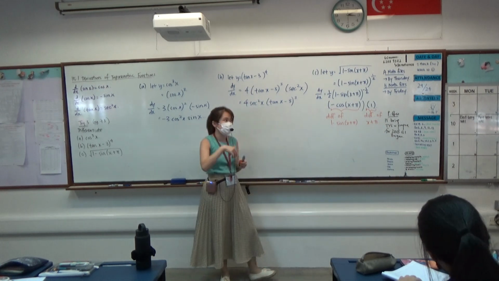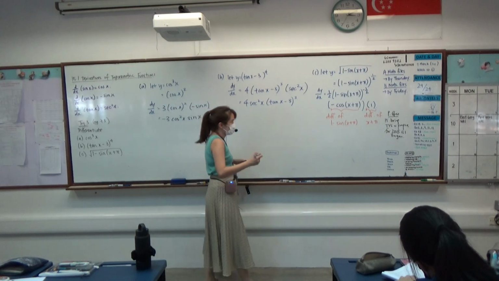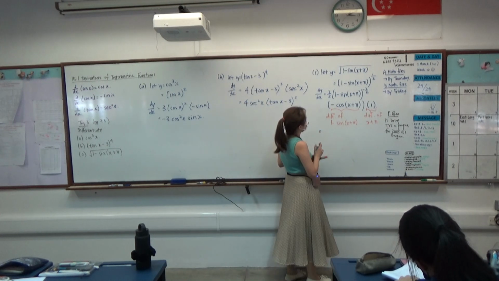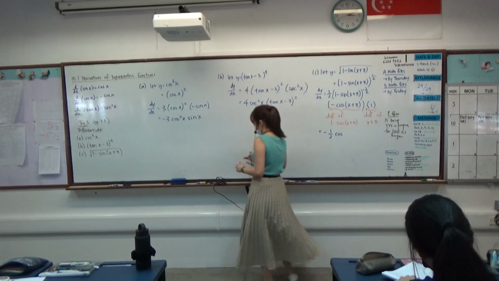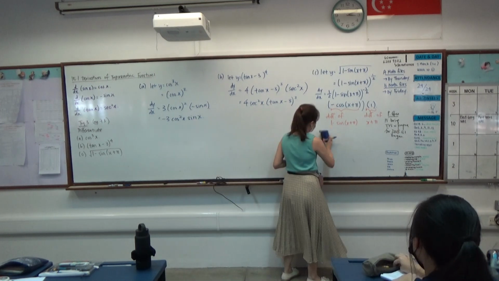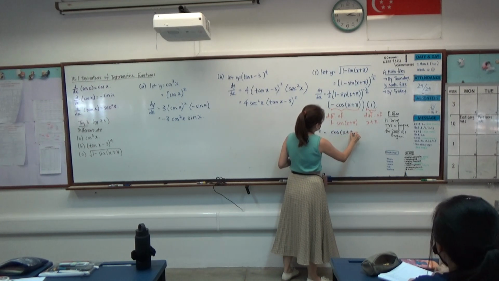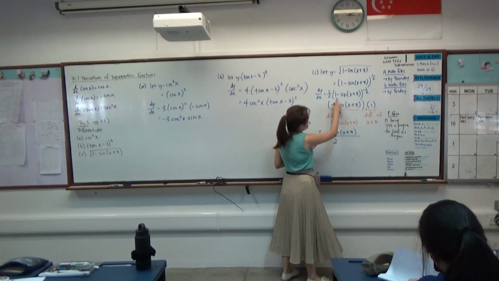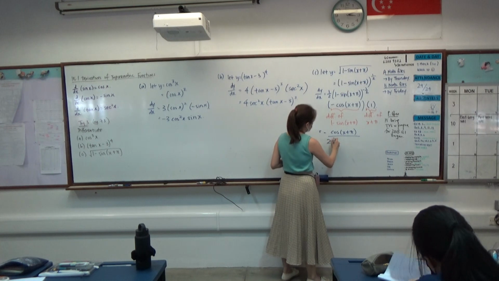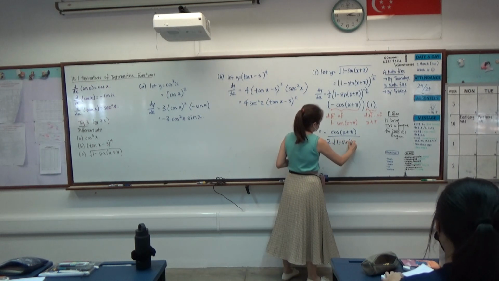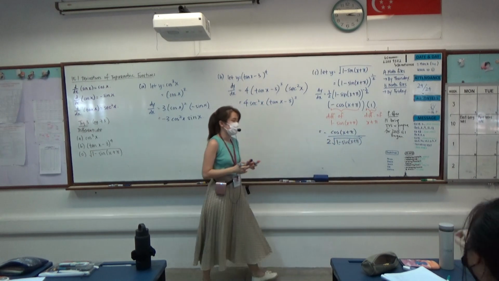So we're going deeper and deeper inside the bracket, inside the function itself. Then we simplify and we would get negative half cosine x plus pi over 2. Because the 2 goes to the denominator, I will have 2 square root 1 minus sine x plus pi in the denominator.